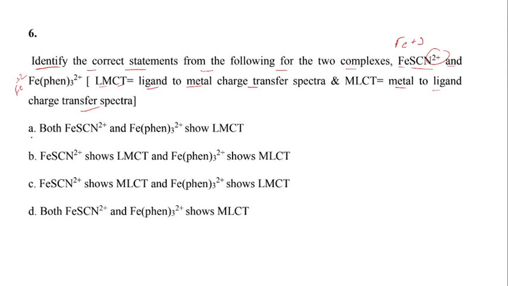So what will be the correct answer? Fe(SCN) shows LMCT because it is Fe+3, so ligand to metal, yes, it is correct. Then Fe(phenanthroline)3 2+ shows metal to ligand, because it is Fe+2, so the electron will move from metal to ligand. The other options are not correct. So B is our right answer.